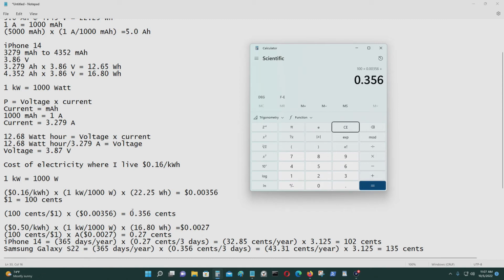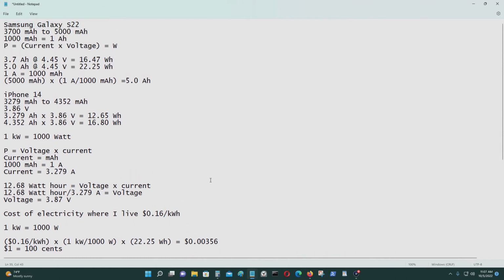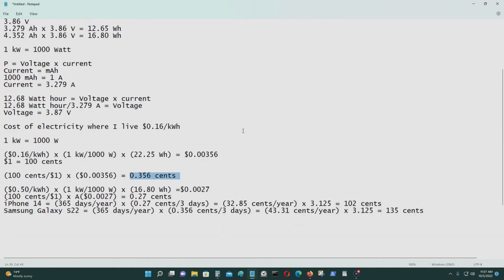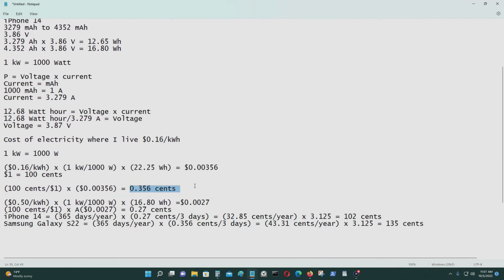That's how much it would cost you to charge your Samsung Galaxy S22 with a 5 amp hour battery at 4.45 volts. That's how much it will cost you. So this is for the Samsung.